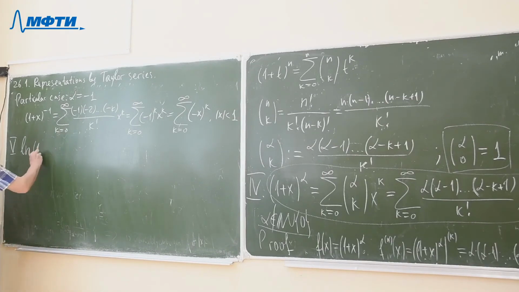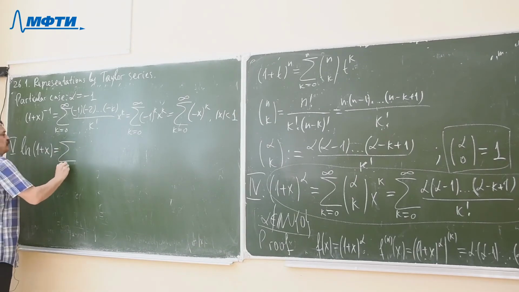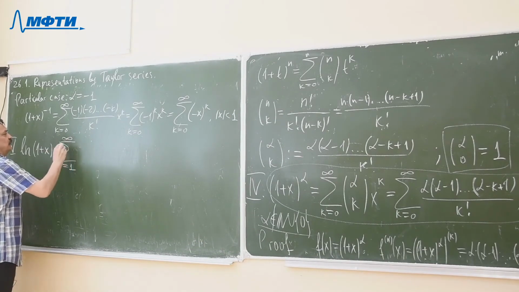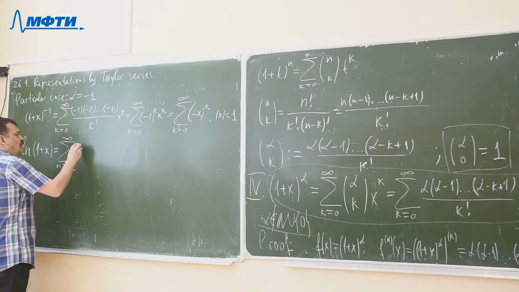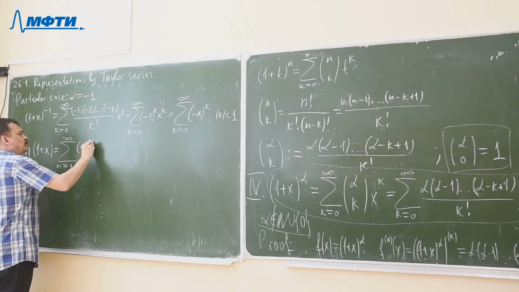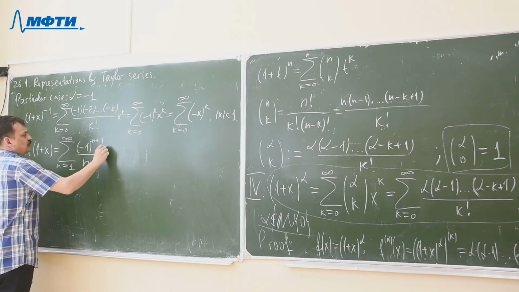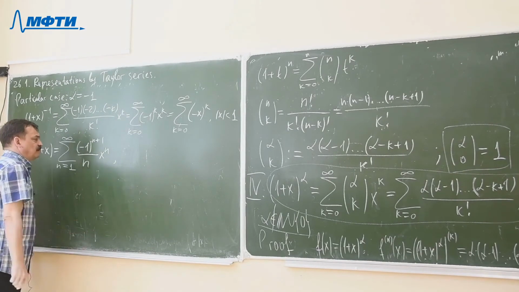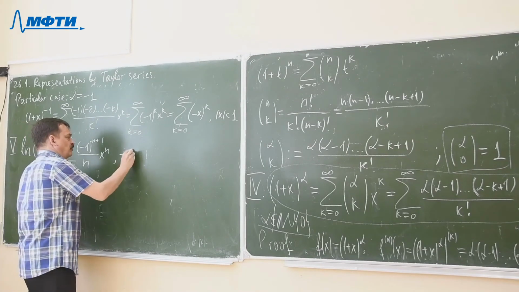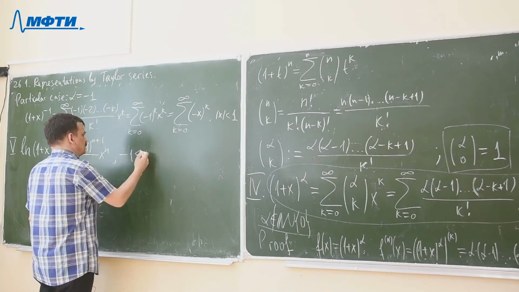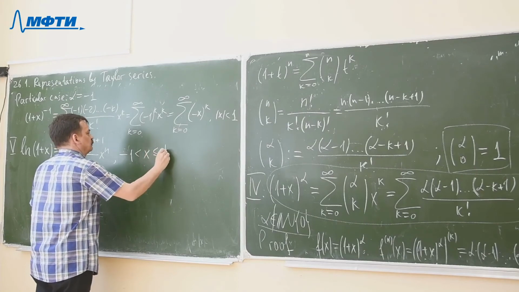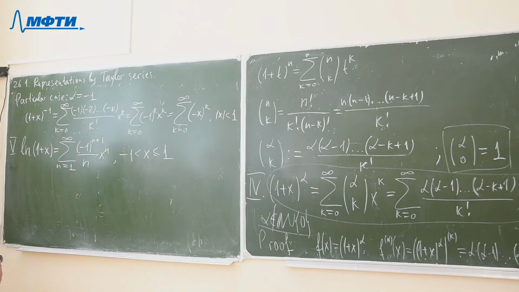Logarithm of 1 plus x is equal to the sum, n starts from 1 up to infinity, of minus 1 to the power n plus 1 over n, x to the power n, and this is valid in fact for minus 1 less than x less or equal to 1. Okay, proof.